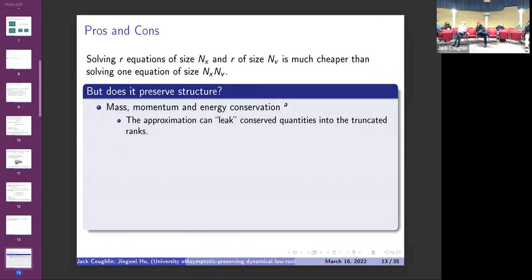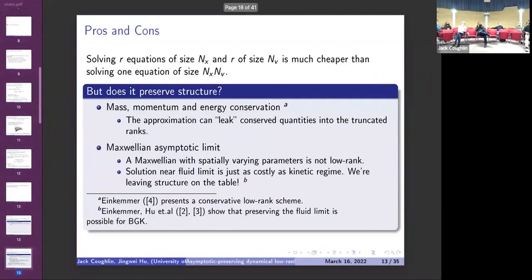Unless you do something special to make it conservative, these conserved quantities sort of leak into the range that you're truncating at each step, right? You can imagine that if the function v squared is not exactly representable in the v basis, it's not in the span of your vj, then you're going to be failing to conserve energy. You can sort of get around this, and there's a reference here about that, which is interesting work.